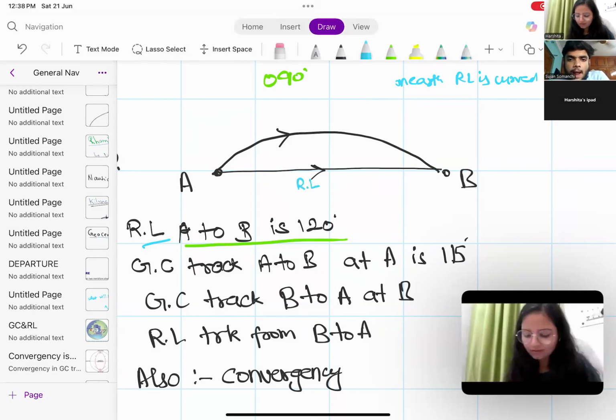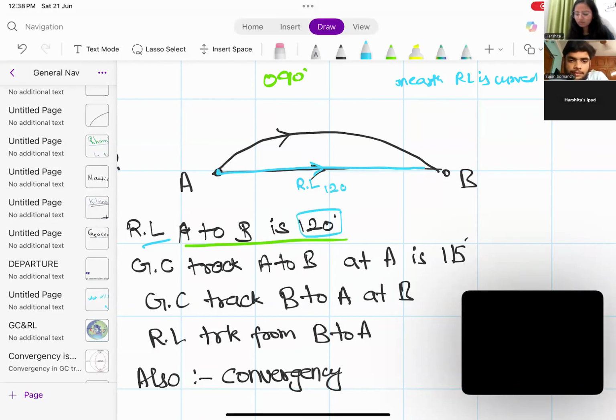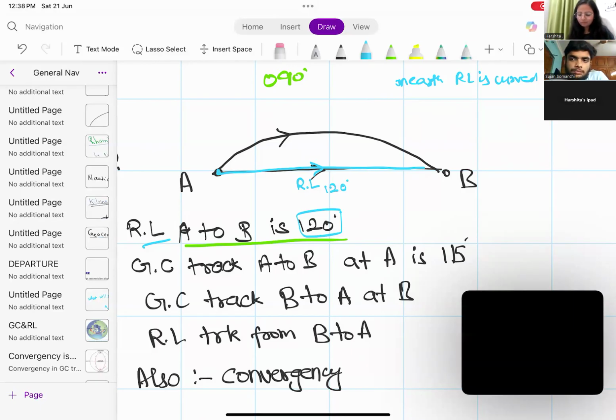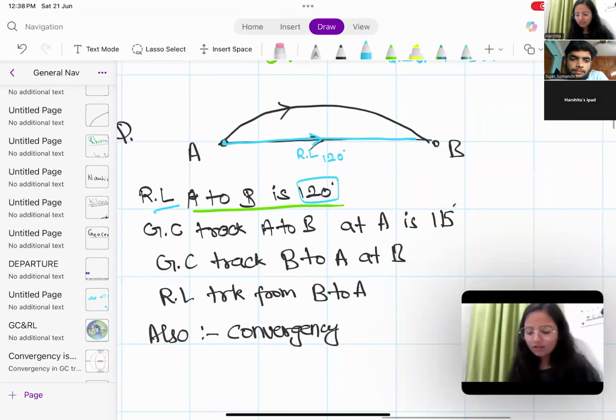So, from A towards B, the rhumb line value is 120 degree. The GC track A to B, this is the great circle track. From A to B, when measured at A, it is given as 115 degree.